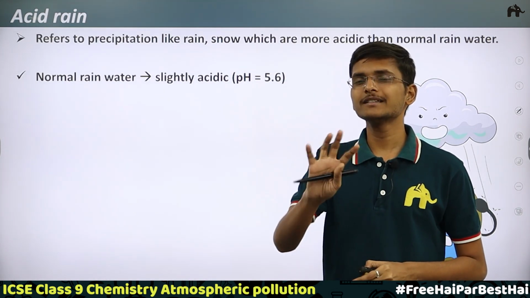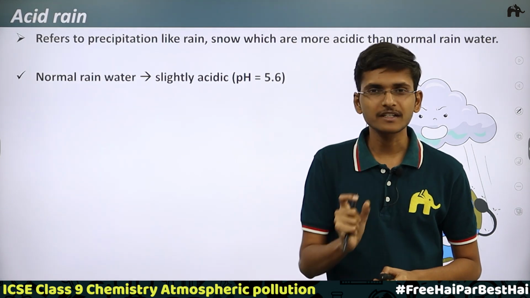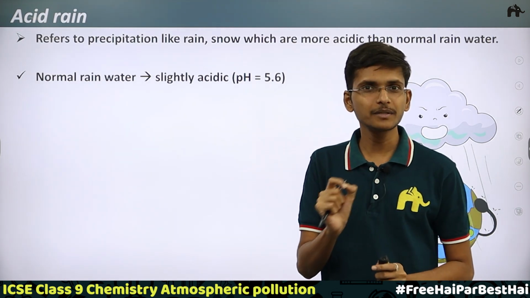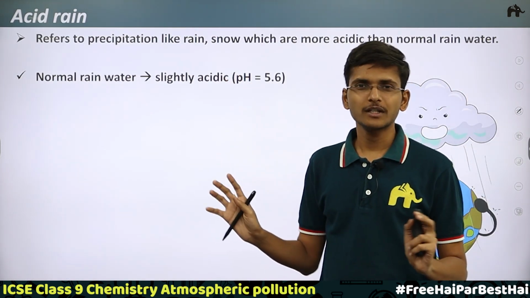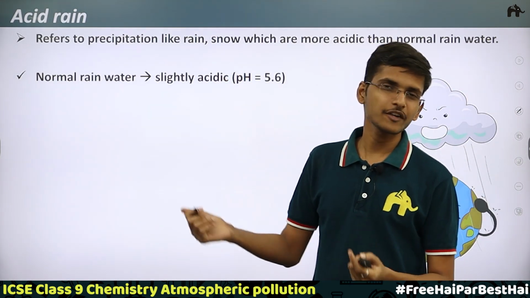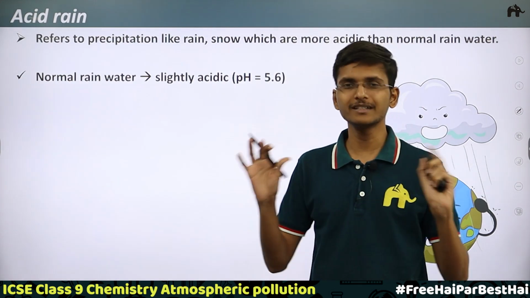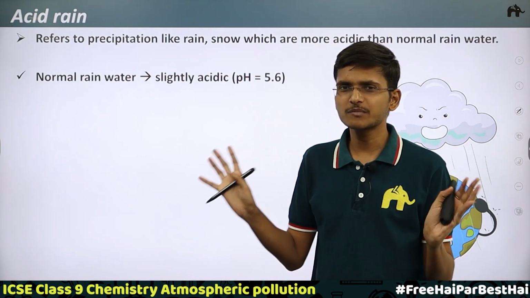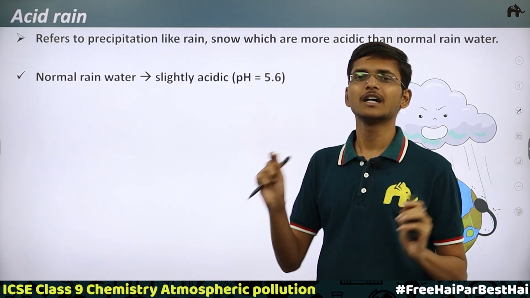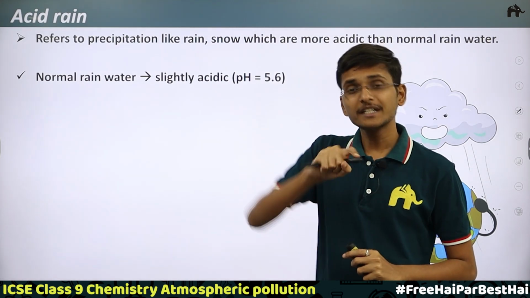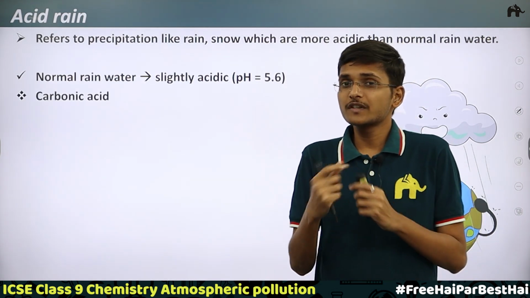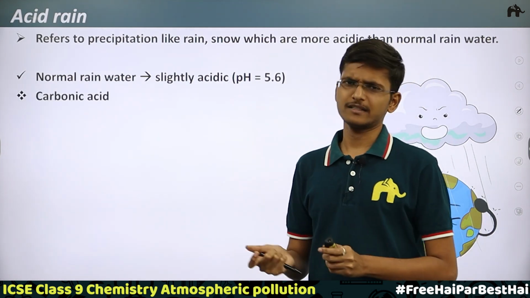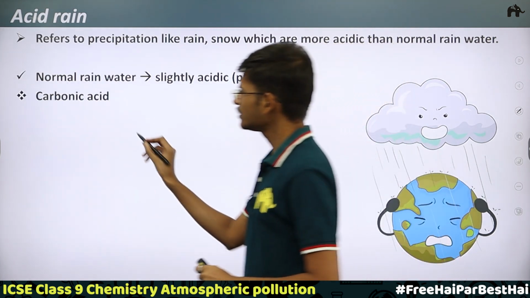Now, why is this slight acidity present in the rainwater? The reason is quite simple. Carbon dioxide is present in our atmosphere, very, very less in terms of oxygen and nitrogen, but still present, we all have studied. This carbon dioxide dissolves in our rainwater, which results in the formation of carbonic acid. Now let's see the reaction, then you would get to know.